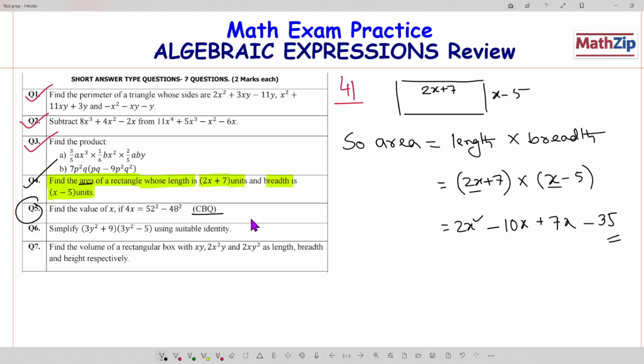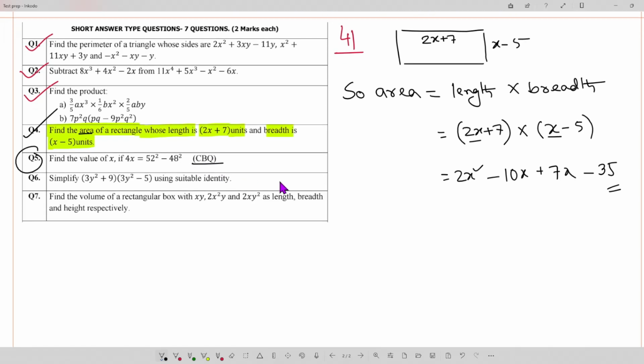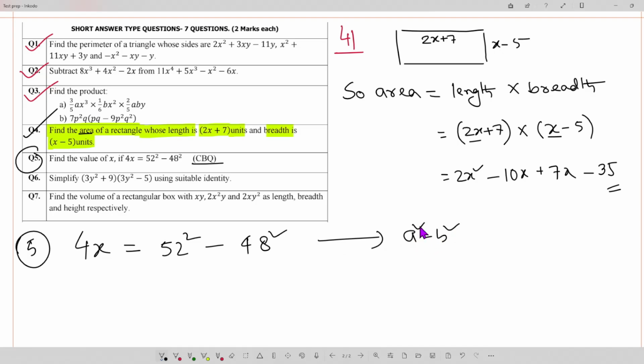Number 5: find the value of x if 4x equals 52 square minus 48 square. It means it's a common thing, and we have to follow some identities. So 4x equals 52 square minus 48 square. It looks like a square minus b square, a difference of squares, a plus b times a minus b.